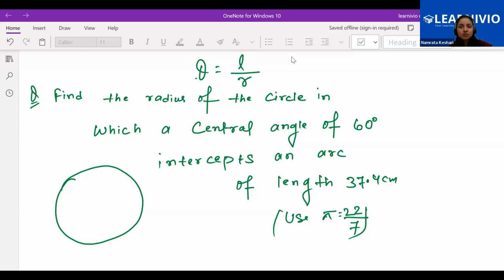Am I making sense to you? Yes, ma'am. So this 60 degree, if you try using it, it will reject, because it will not take the angle in degree. We are bound to convert the given angle from degree to radian. Now tell me, 60 degree is equal to what radian?